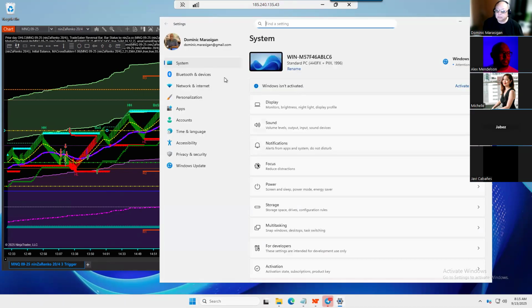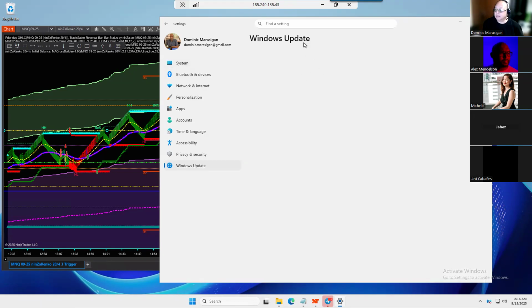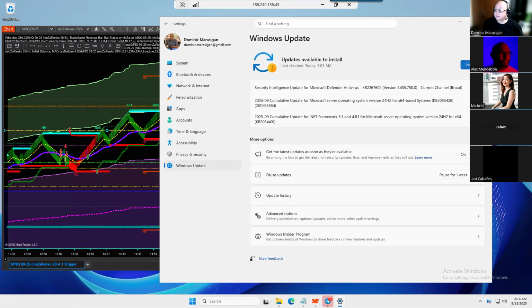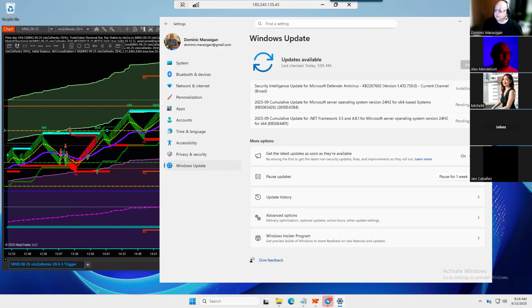No, this is basically a virtual private server. So this one where I have NinjaTrader is on a VPS. Oh, so it's like its own separate thing. Yeah. It says here Windows update, and I'm trying to activate that. Anyways, it's going to install those.